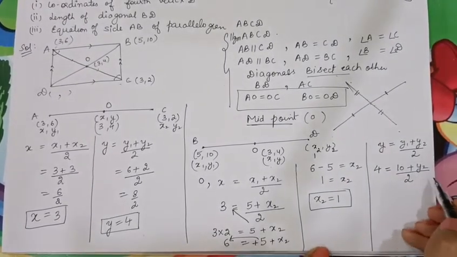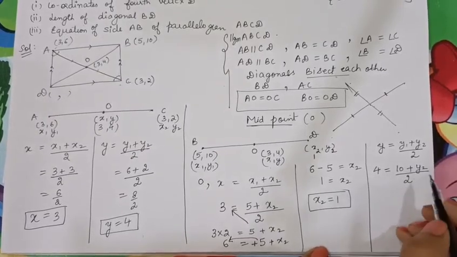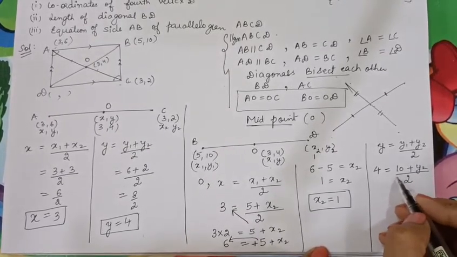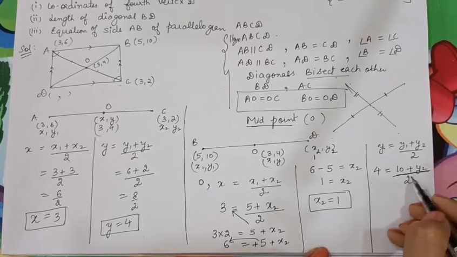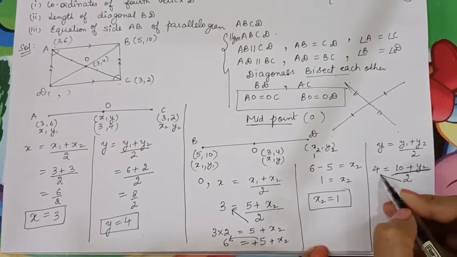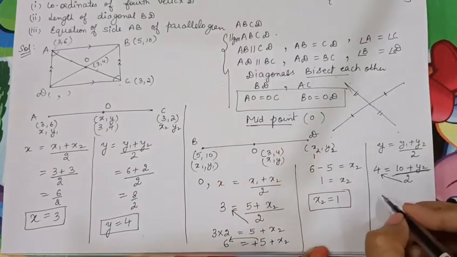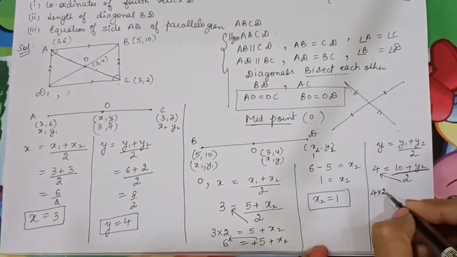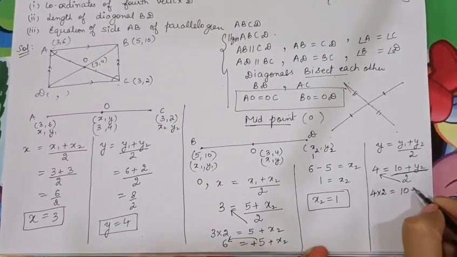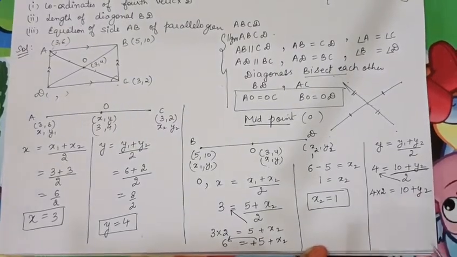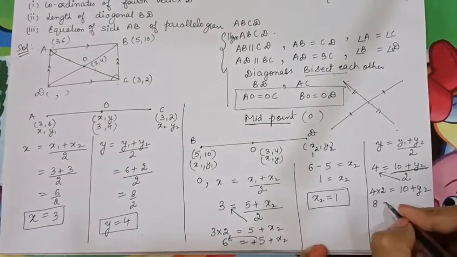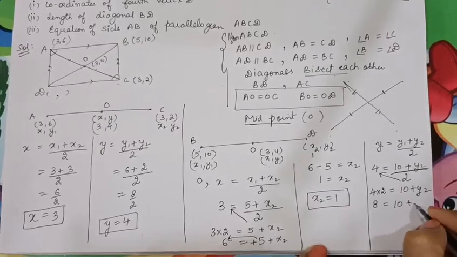Because we have to find Y2, we will shift everything other than Y2 to the other side. First of all, we will shift this denominator. Here it is getting divided; when we shift it to the other side, it will get multiplied. So 4 into 2 is equal to 10 plus Y2. 4 into 2 is 8, equal to 10 plus Y2.